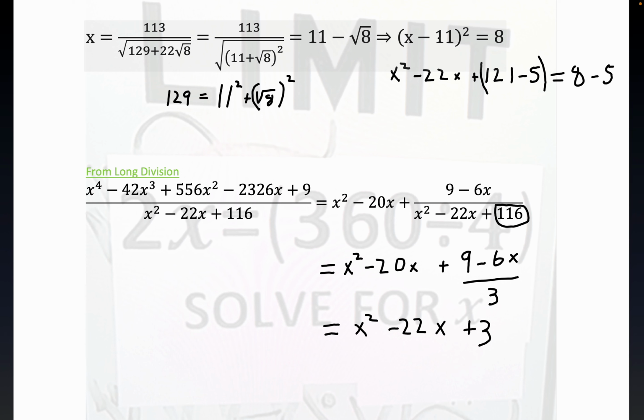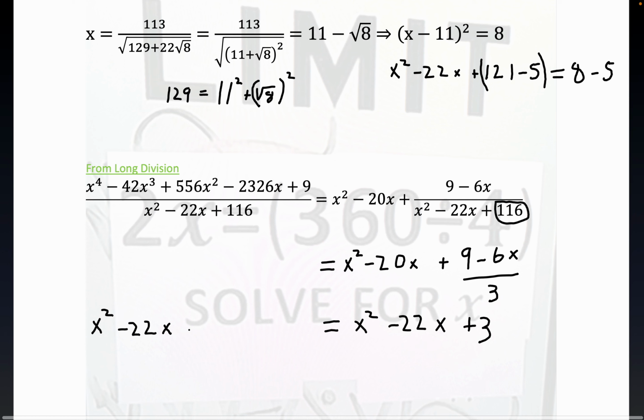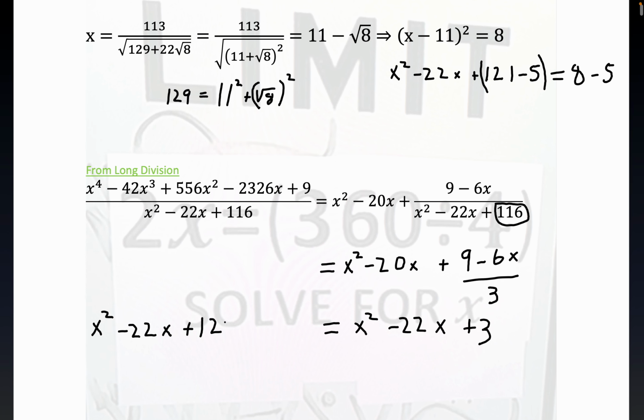If we expand this out, we've already seen what this is equal to: x squared minus 22x plus 121. I'm just recopying that result since I've written all over it up there. Equals 8.